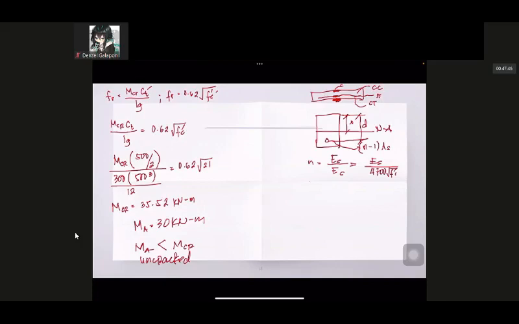So n, what is E of steel from your previous lesson? Naalala nyo ba? Mark Vernon, what is E of steel? The modulus of elasticity of steel.